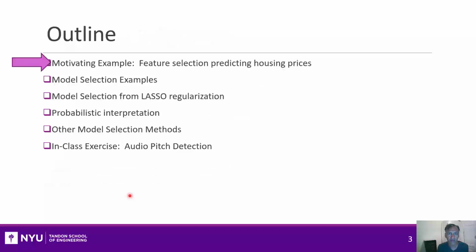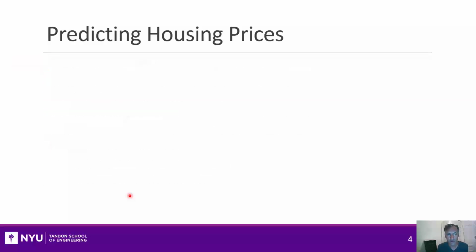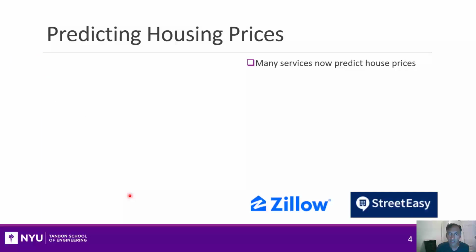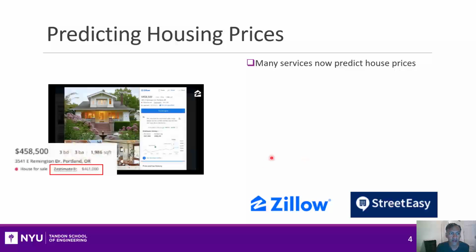So let's dive into it with a quick motivating example. You'll see that now there are many services that try to predict house prices. You might be familiar with Zillow, or if you're in New York City, you might see StreetEasy. If you go to Zillow, for example, and look up a house, you get something like this.